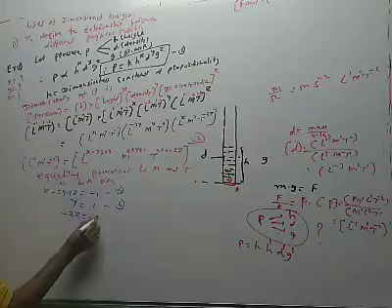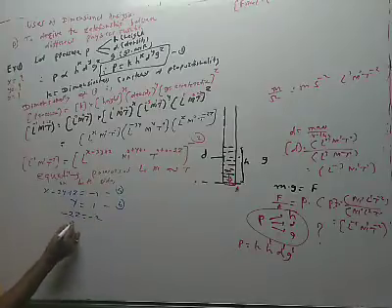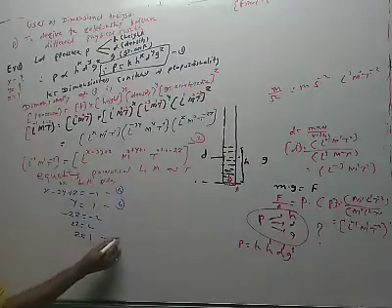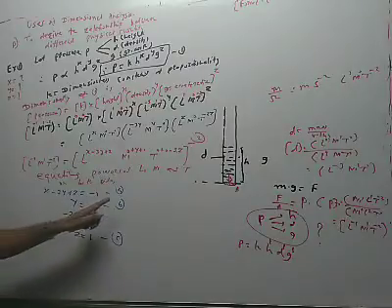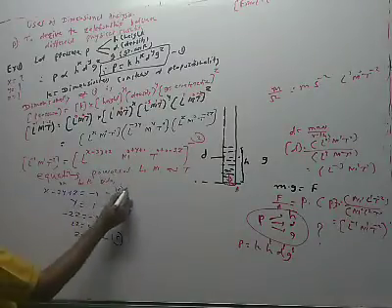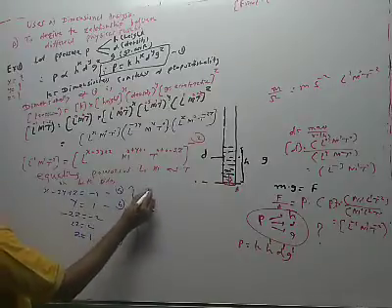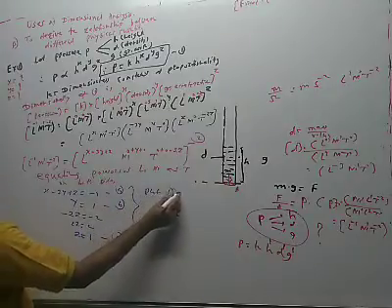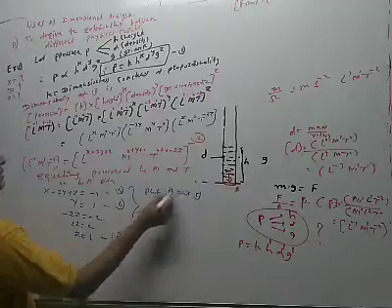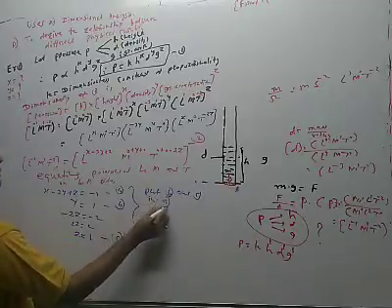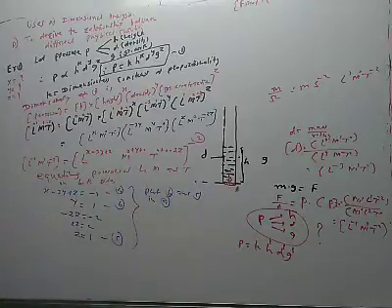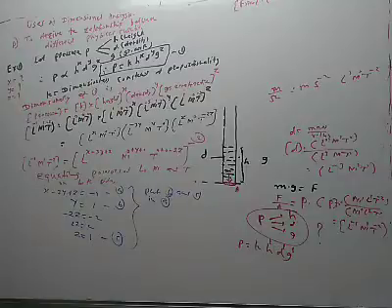So minus 2z is equal to minus 2, minus minus cancel, 2z is equal to 2, and therefore z is equal to 1. So this is equation C. Now put B and C in equation A.